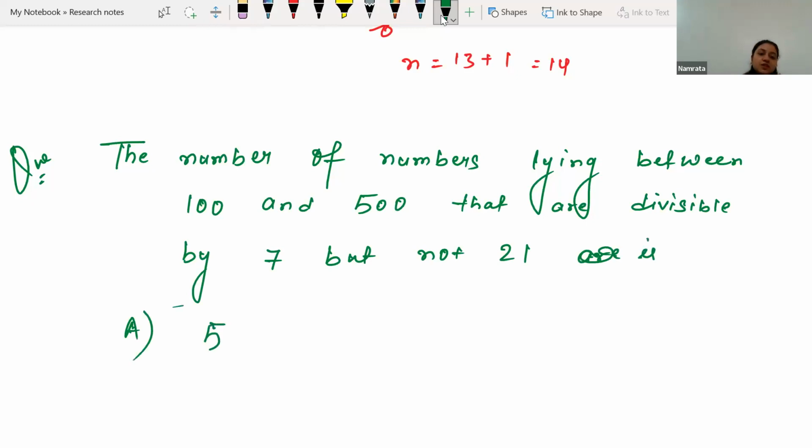Option A 57, option B 19, option C 38, and option D none of these.